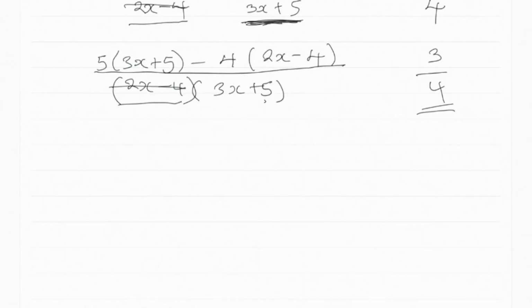And from there, you just simply expand the brackets and simplify to its lowest term as we have been taught. So 5 times 3x, I'm going to have 15x and plus 25, 5 times 5, okay? Now we need to be careful there. We're saying 4 times 2x, I'll have my negative 8x. Watch out for the signs there.